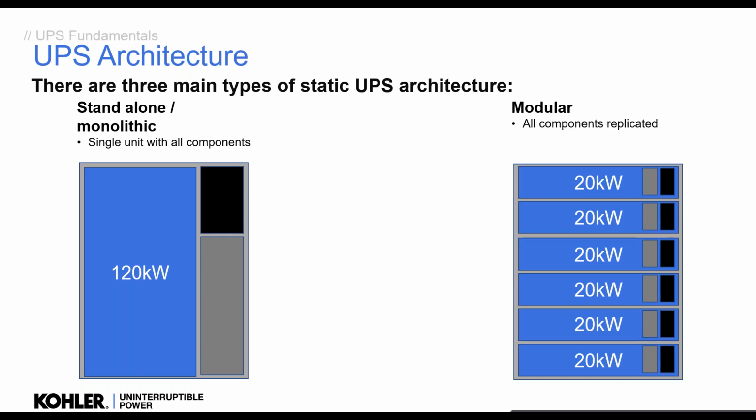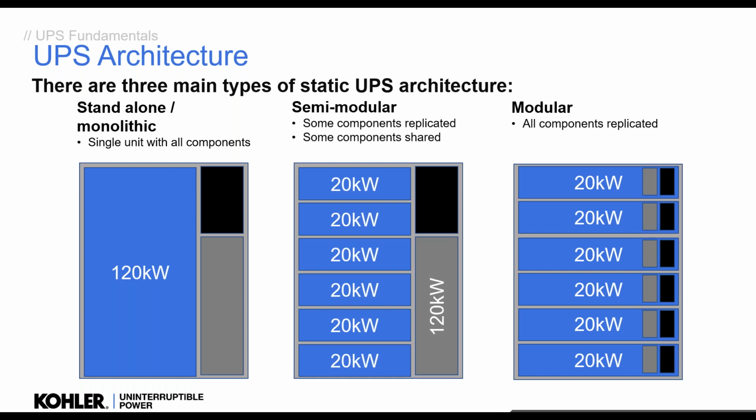Every module has a rectifier, inverter, bypass, control, and display. And then we have something in the middle, which we refer to as semi-modular, where you can have modules of rectifier inverters, but then you might have a common bypass and a common control. There are pros and cons to everything. It's just a matter of getting the right thing for the right job.